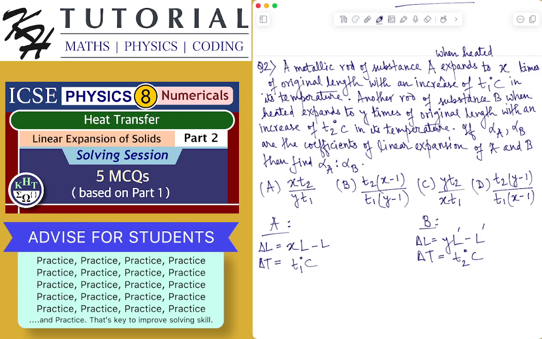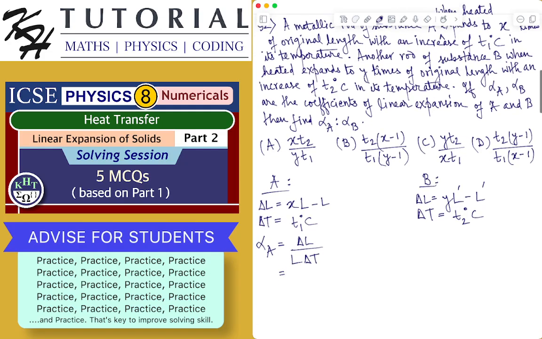Now for A, alpha A, we know will be delta L divided by L multiplied by delta T, which will be equal to, delta L is xL minus L divided by L, delta T is T1.